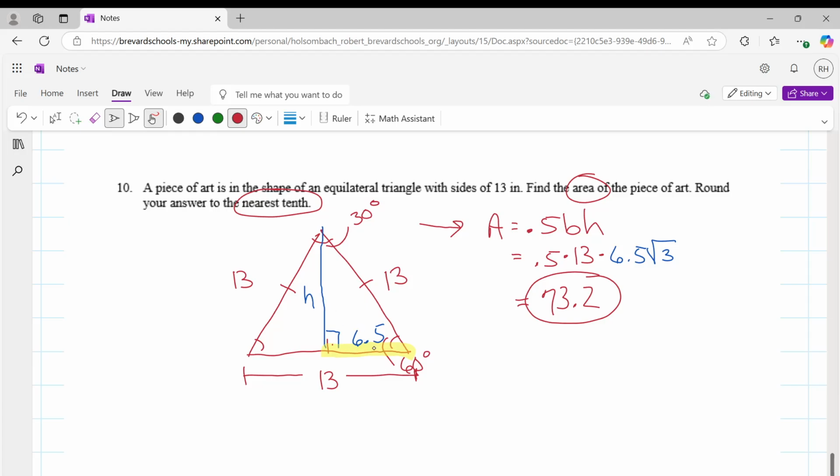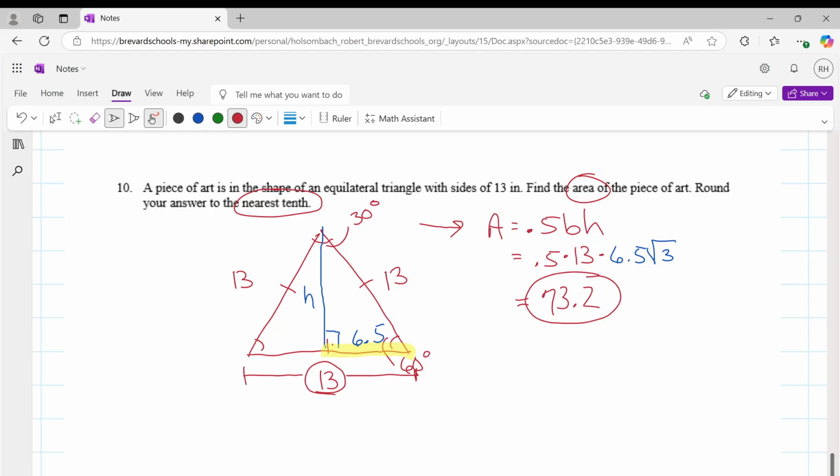This short leg is going to be half of the hypotenuse, and this long leg, the height, is going to be the short leg times the square root of 3. And then just multiply 0.5 times your base, which was given, times your height, which is half of this base times the square root of 3.